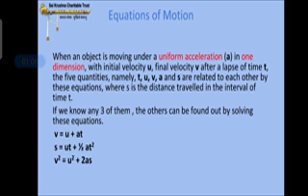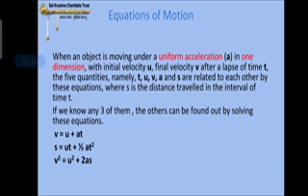Equations of motion. When an object is moving under a uniform acceleration a in one dimension with initial velocity u and final velocity v, after a lapse of time t, the 5 quantities namely t, u, v, a and s are related to each other by these equations, where s is the distance travelled in the interval of time t.